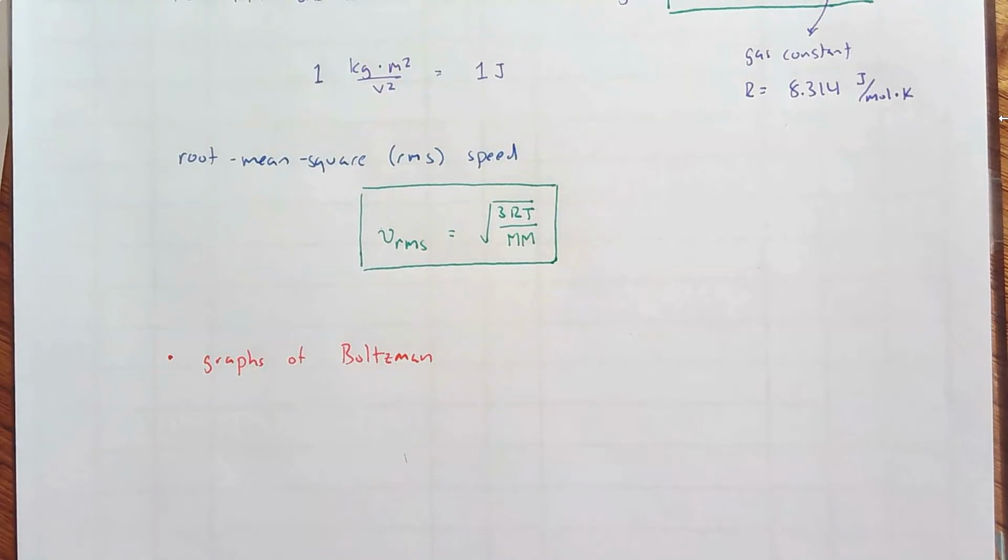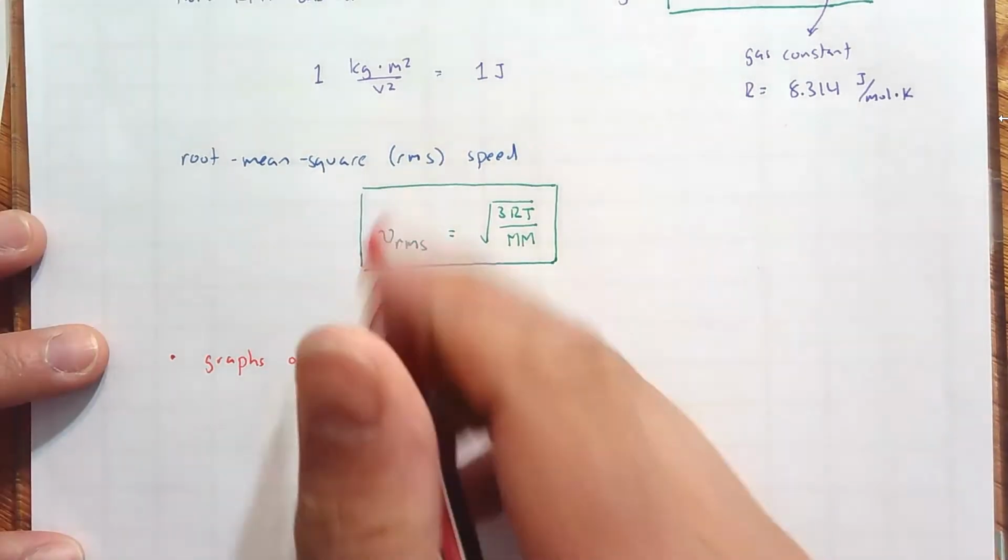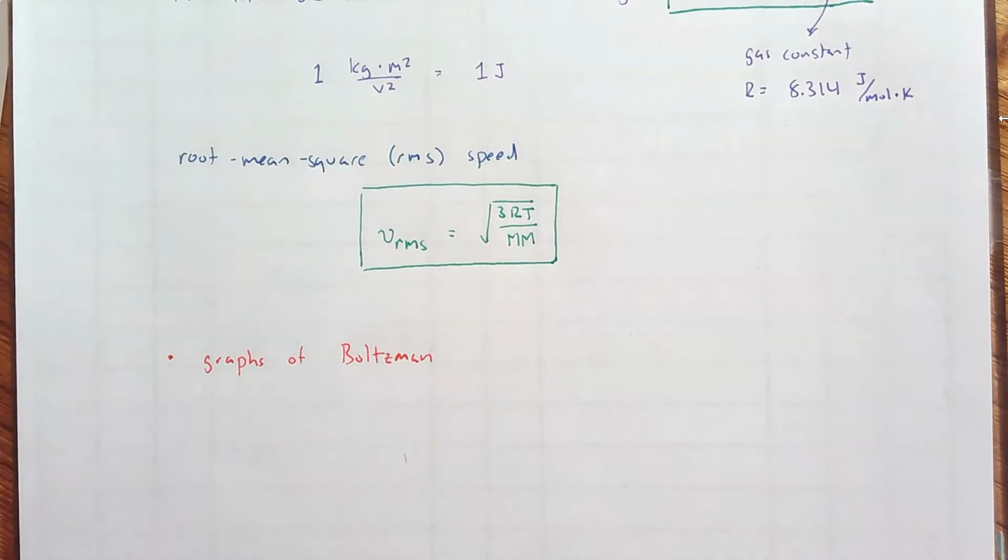Boltzmann-Maxwell distribution. It's a way to graphically show the speeds of molecules, and oh, very interesting. It's Maxwell first. Yeah, let me change that.